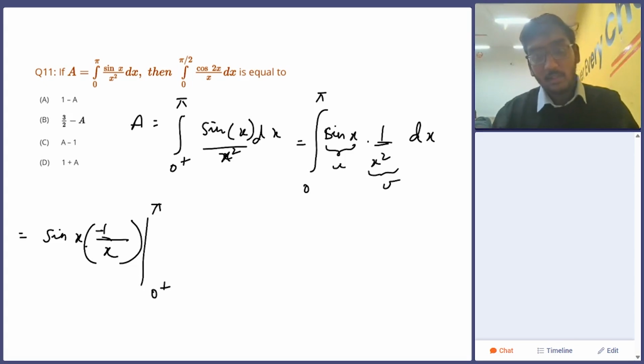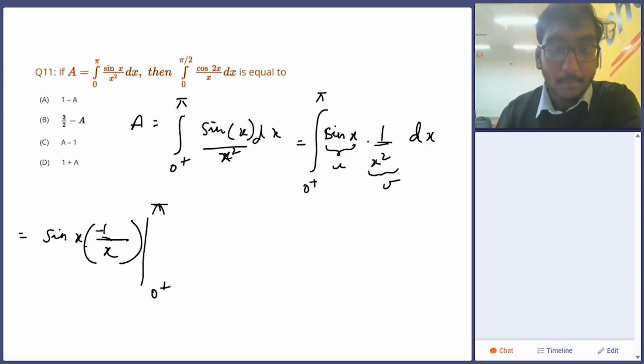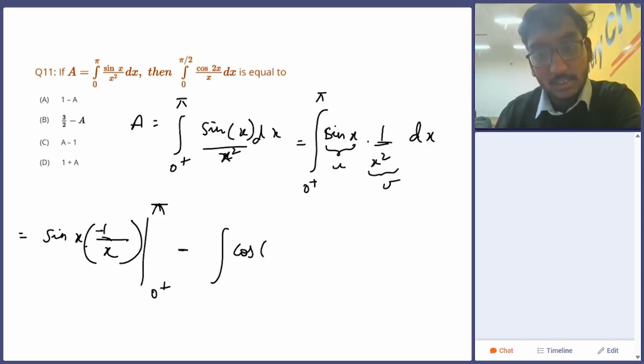This particular function is not defined at x equal to 0, it will be indeterminate, so we take it from 0 plus to pi. Then minus integral of u dash, which is cos x, times the integral of v dx, which is minus 1 upon x, dx. So you just write 1 by x over here and change the sign to positive, dx.